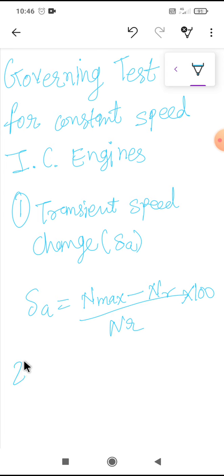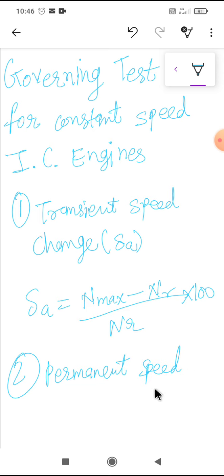Then the second is permanent speed change. It is the deviation of speed after a gradual power change from the speed at steady level. It is also expressed as a percentage of rated speed.